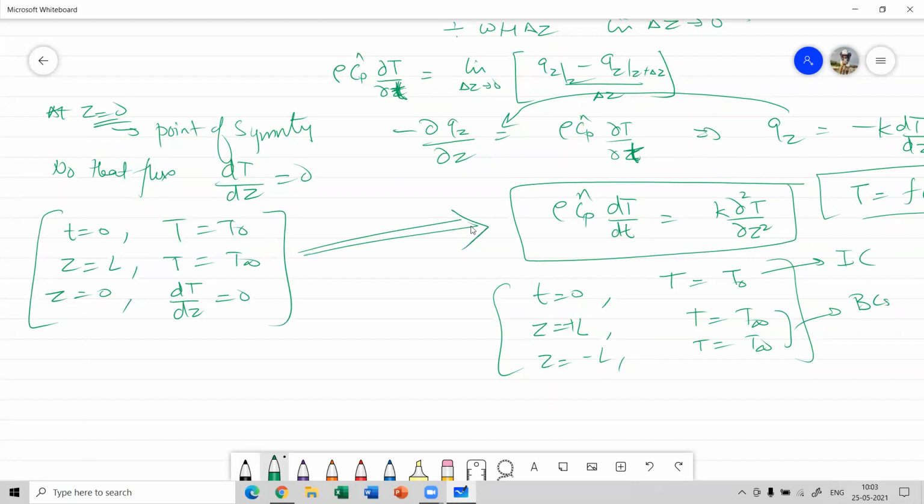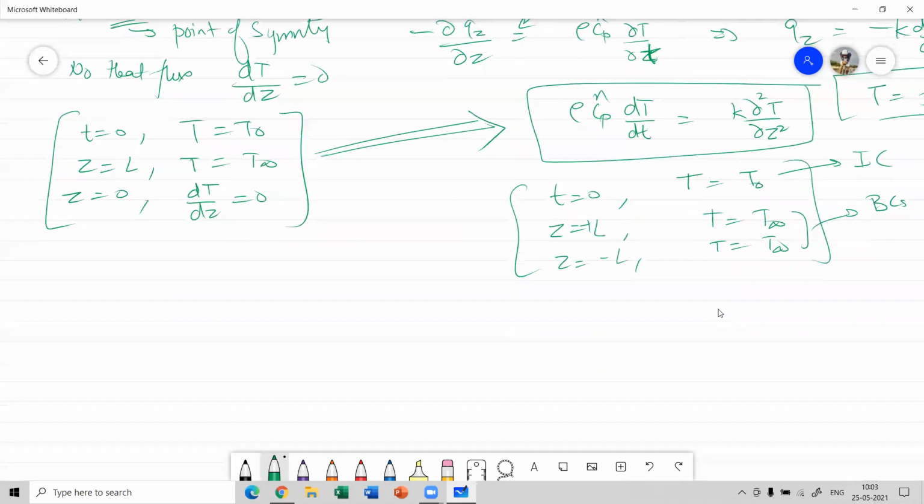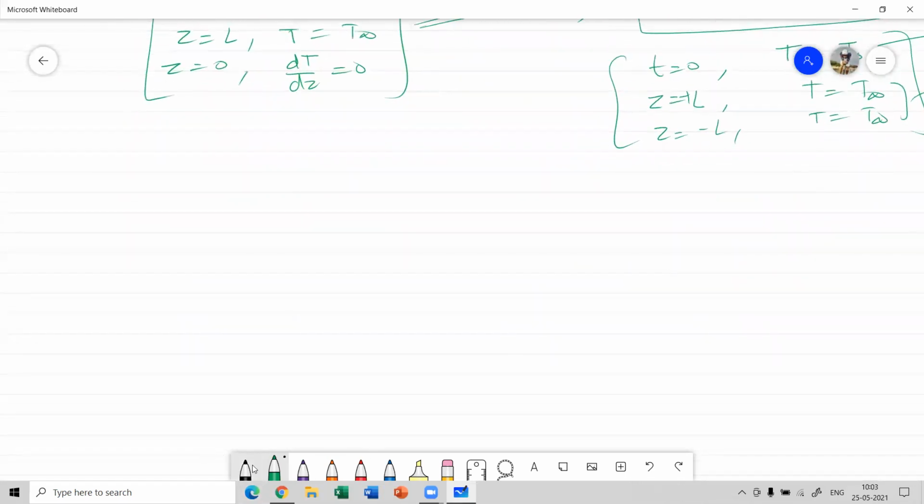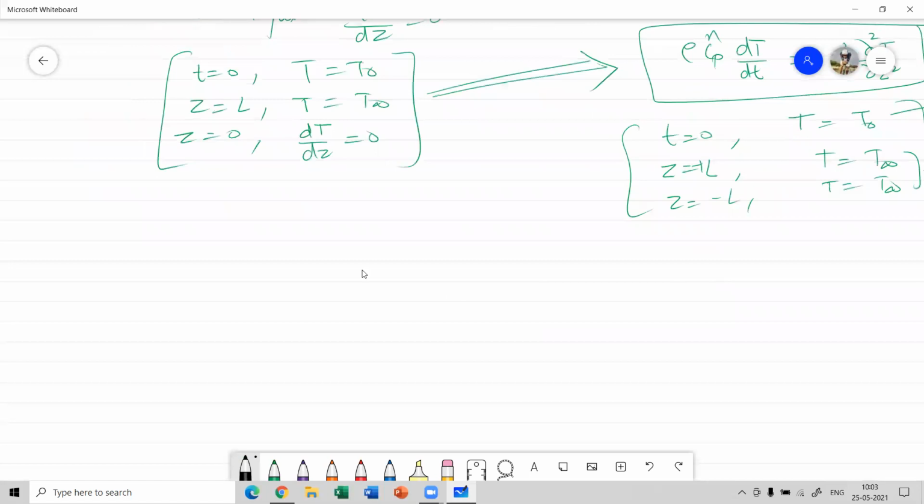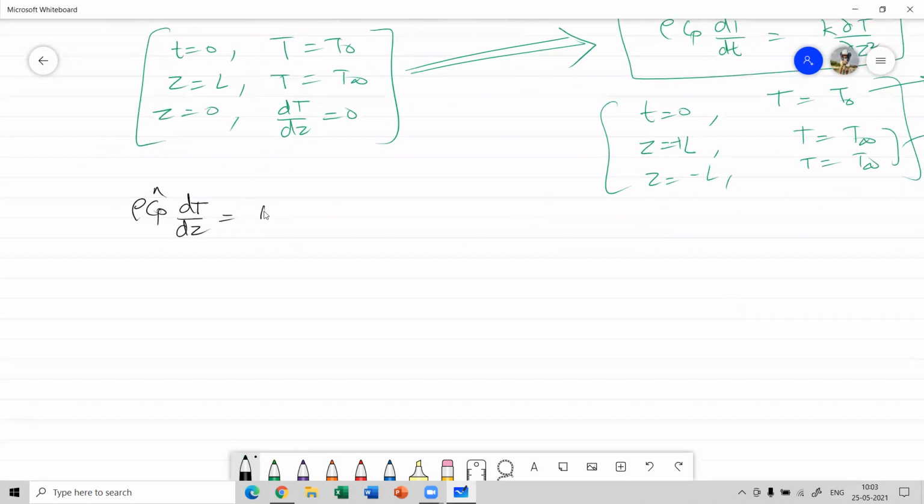Now, if you look at this equation properly, that is rho Cp dT by dt is equal to K d square T by dz square.